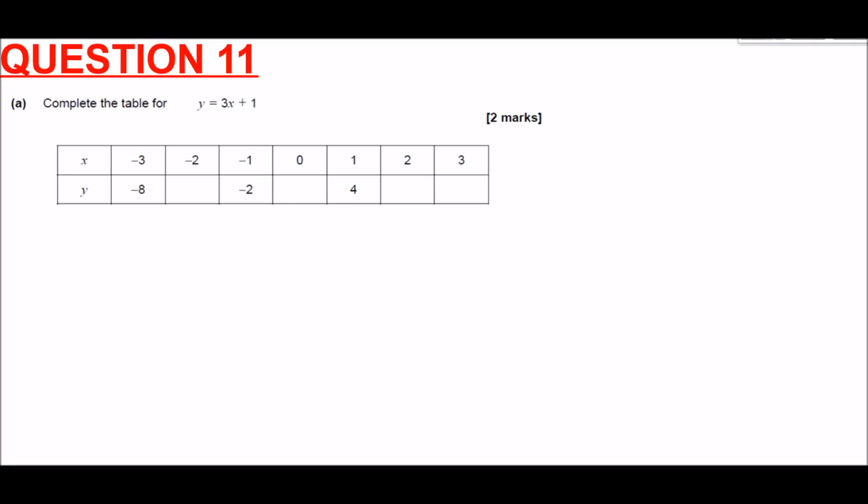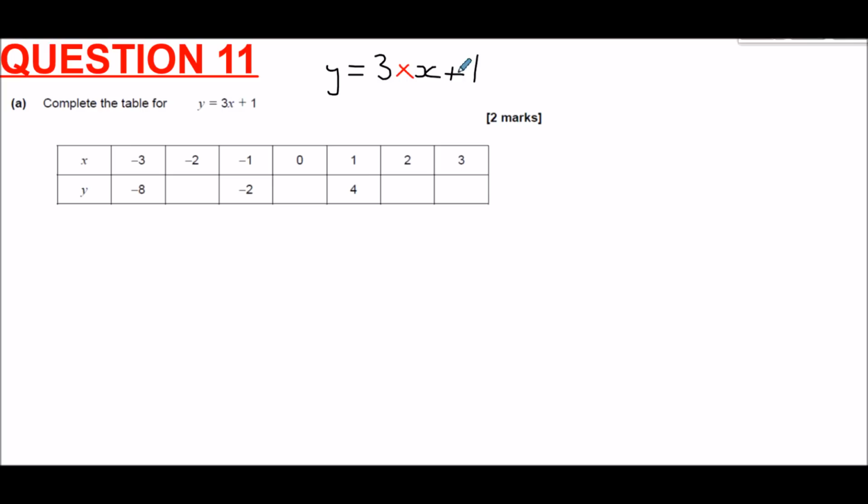Question 11. Compute the table for y equals 3x plus 1. And so what this means in plain English is whatever x is, y is going to be 3 multiplied by that with 1 added on at the end. Because this is a calculator paper, we can use the calculator to help us quite a lot here.